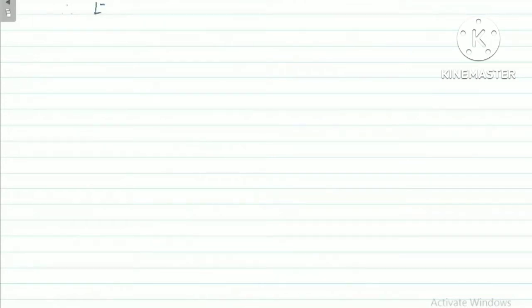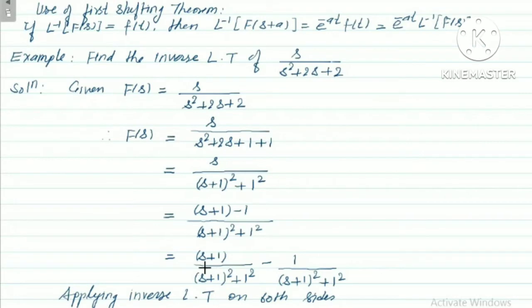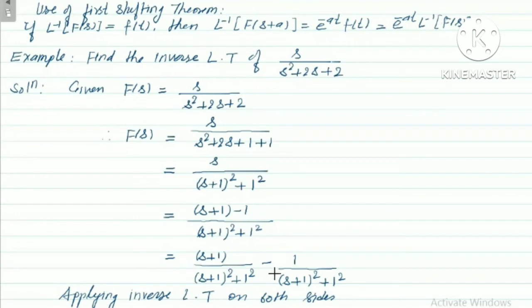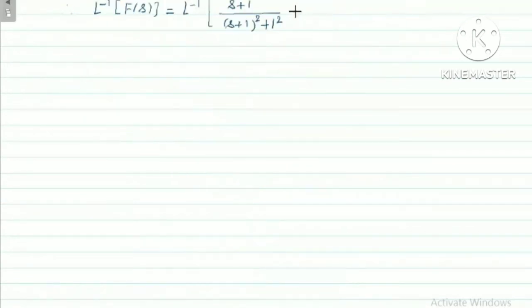So L inverse of F of s is equal to L inverse of the first term, s plus 1 divided by s plus 1 the whole square plus 1 square, and the second term is negative of 1 upon the denominator, which is s plus 1 the whole square plus 1 square.